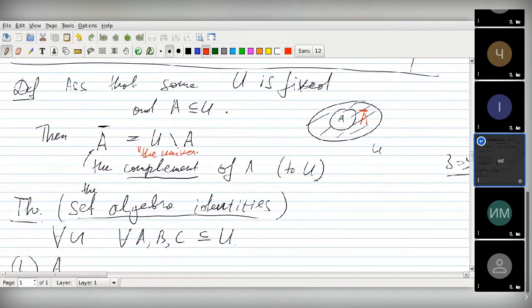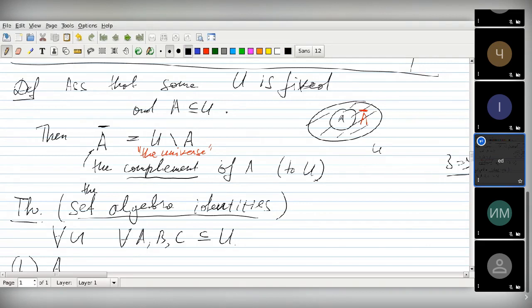Please, don't think that this U is a set of all sets or something like that. That's not possible. This is some local universe.